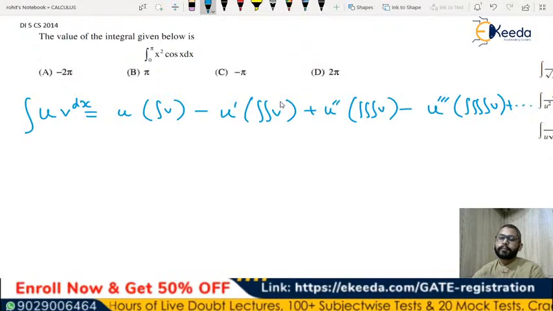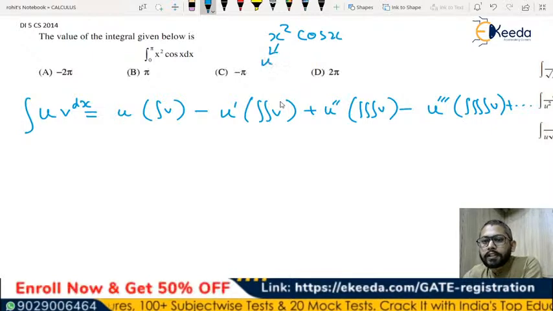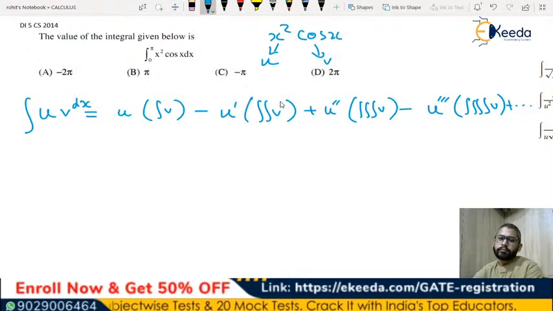You're getting my point? So in this case, this x square cos x, we are taking this as u and this as v, right?